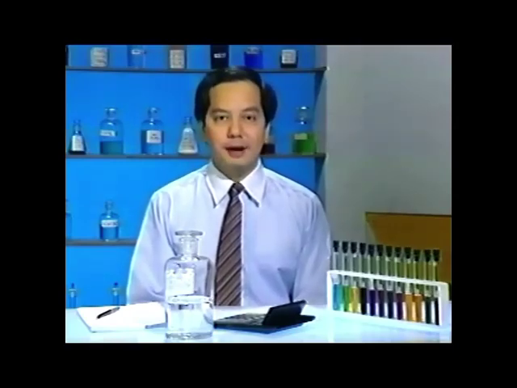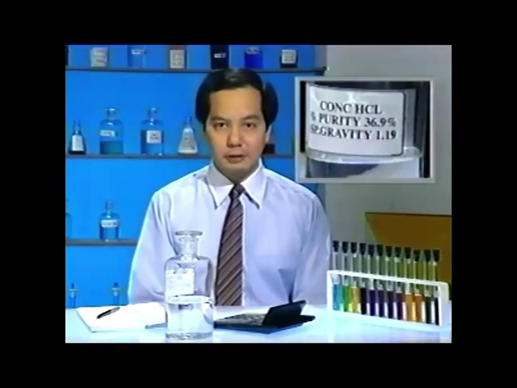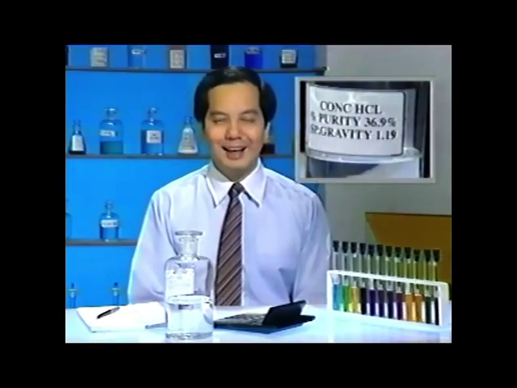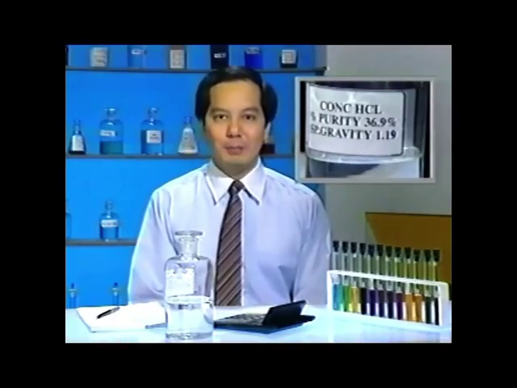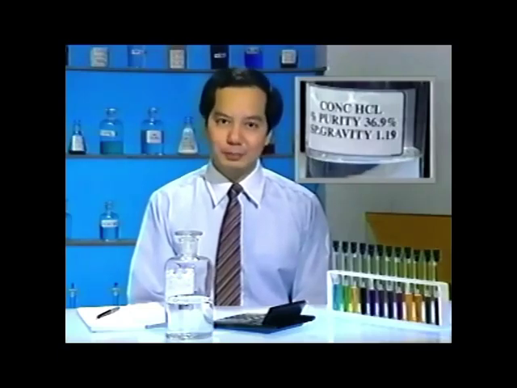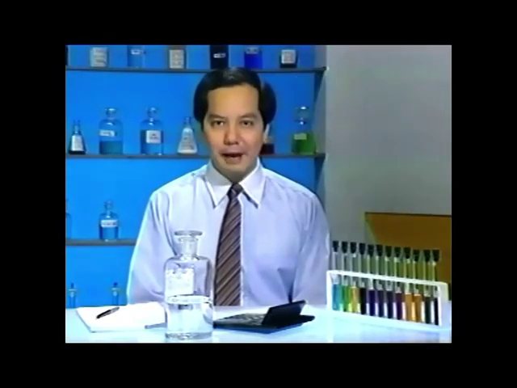Now, on the label of the bottle, you find that the solution is 36.9% HCl by weight. That means that for every 100 grams of concentrated solution, there are 36.9 grams of HCl. Multiply this by the density and you obtain the mass of HCl in every milliliter of concentrated acid solution.